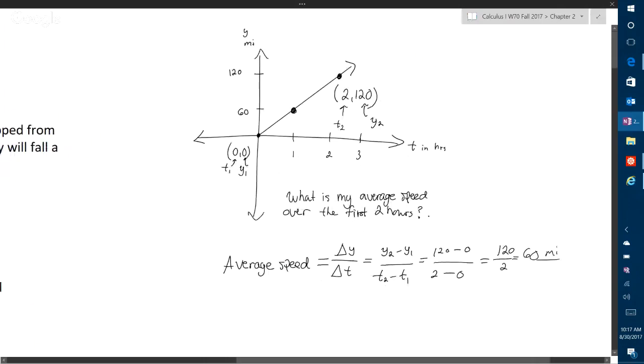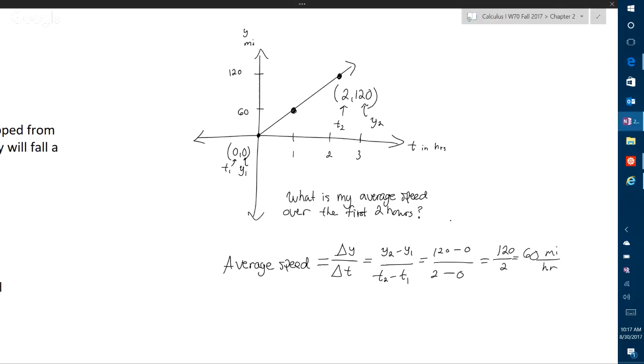So 60 miles per 1 hour, or just per hour, the 1 would be implied. So 60 miles per hour. This is my average speed, my average velocity. Okay, any questions here over the concept of average speed?